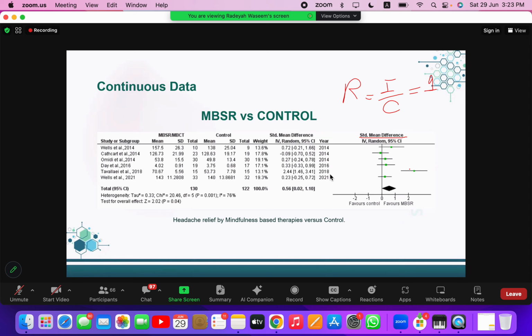If there is no difference between the intervention and the control group, what value will we get? If it is intervention minus control, exactly, you will get 0. If your outcomes in the intervention group are equal to the outcomes in the control group, the difference will be 0. That is why the line of no association for continuous data is represented by 0.